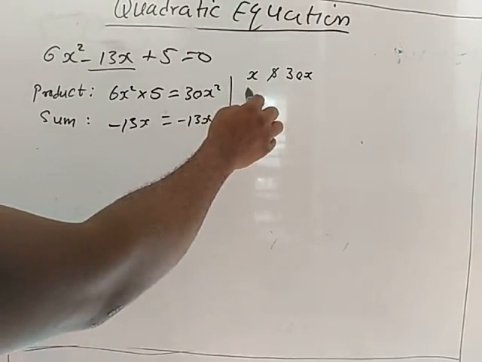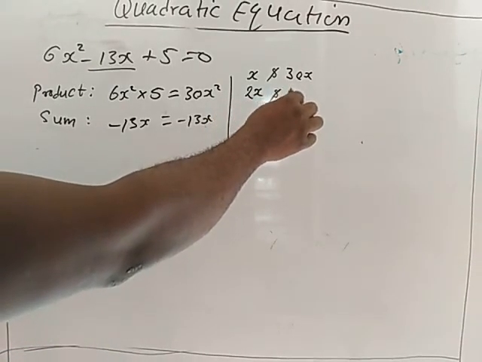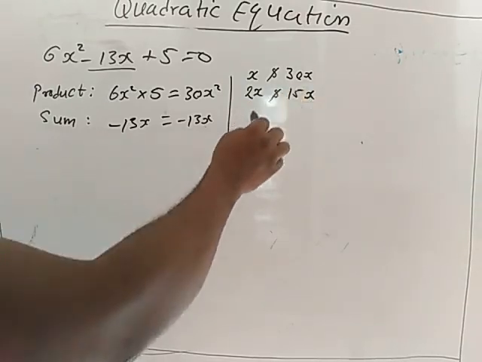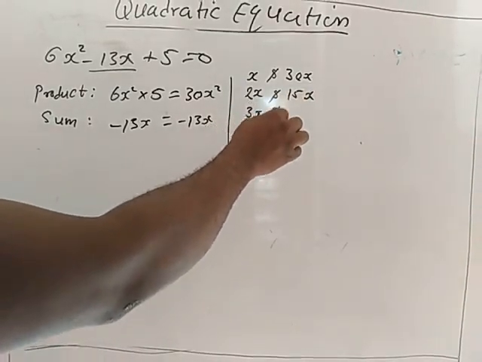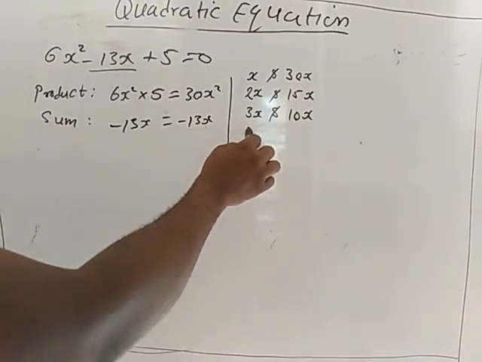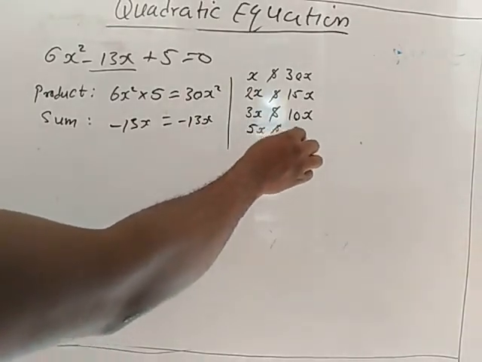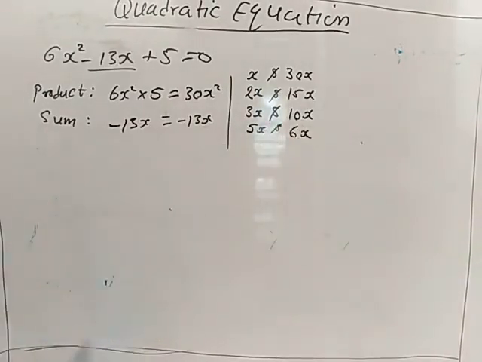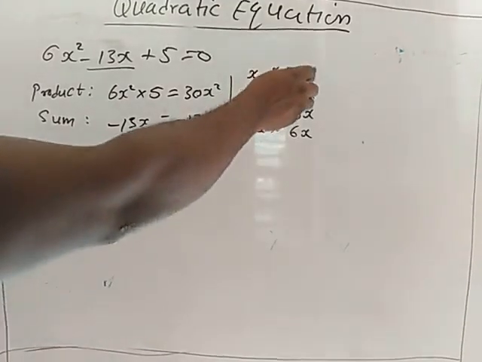Then we have 2x and 15x. 3x and 10x. 5x and 6x.